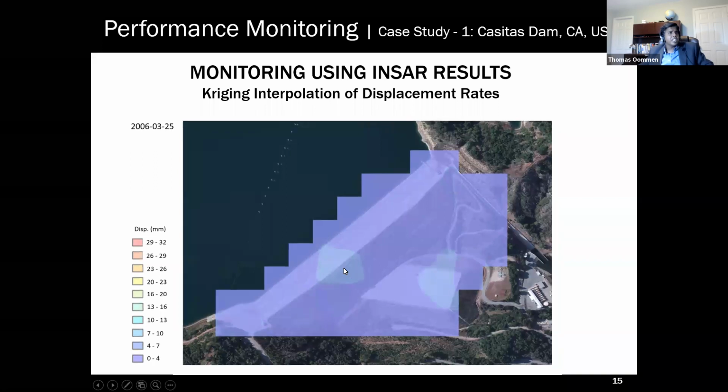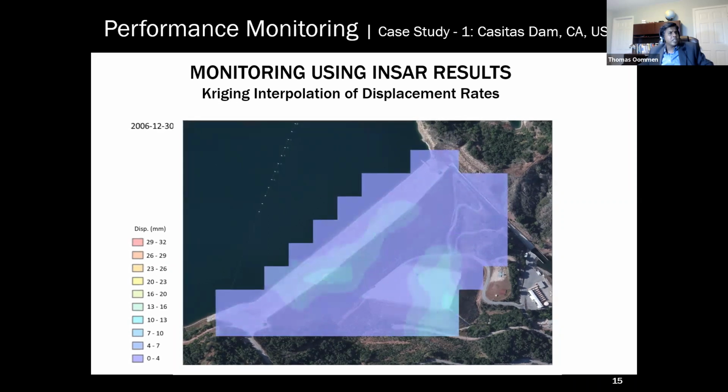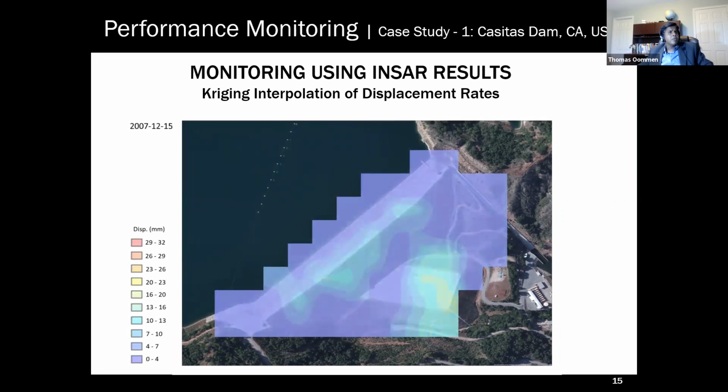You can see over time where those displacements are changing. Now it is 2006. We created this time series to understand what is going on in the area from 2005 to 2010. Here you can see this is 2008 now.